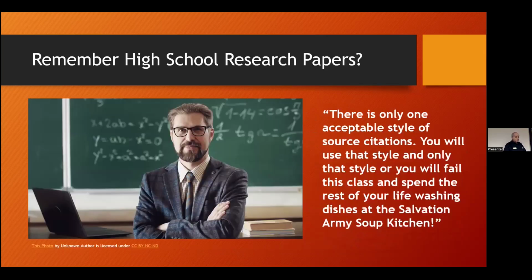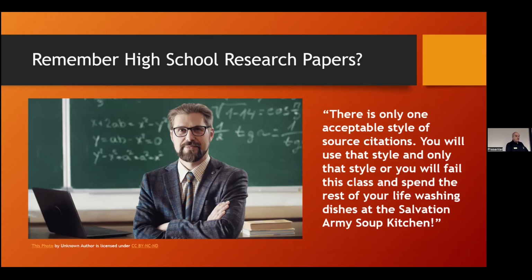Now, remember high school research papers, and you had only one acceptable citation source, and if you didn't do it right, you were going to be the fry cook at the Burger King for the rest of your life. It got you through high school, but it's not true.